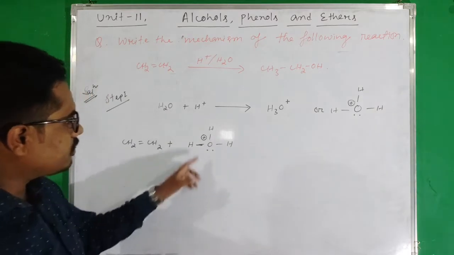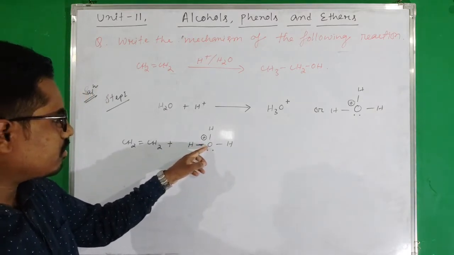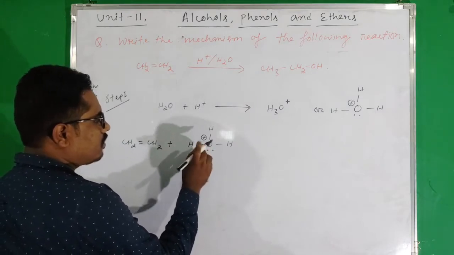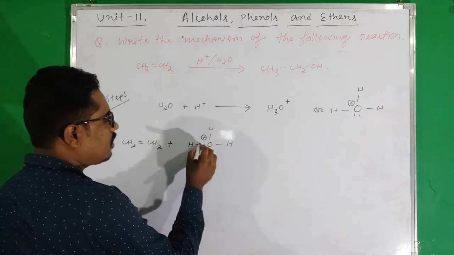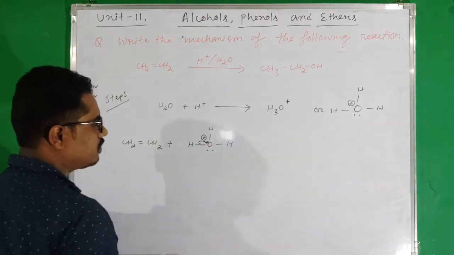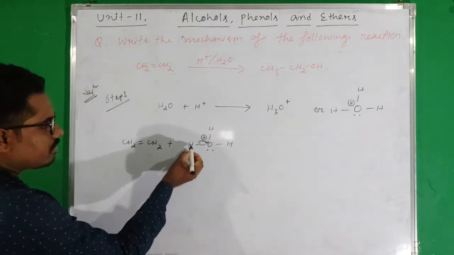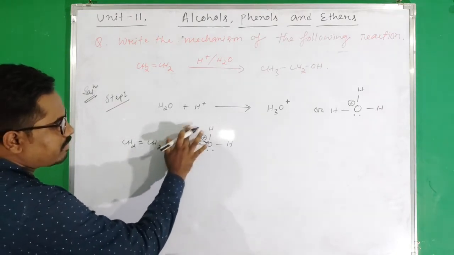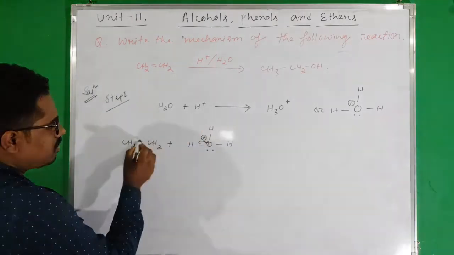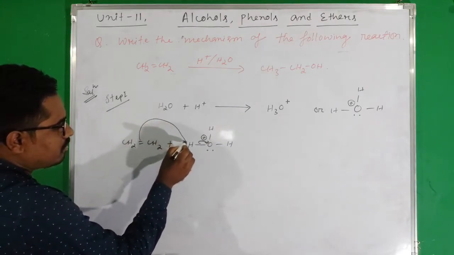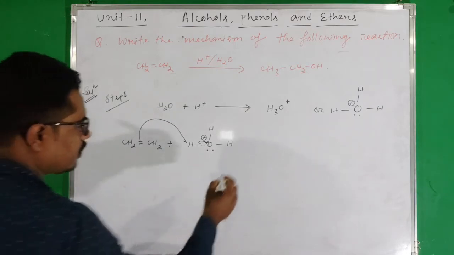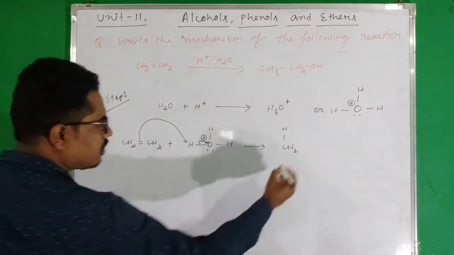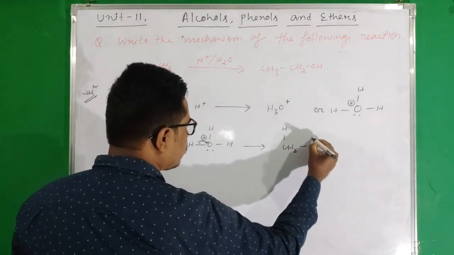So we have seen that one positive charge is present on this oxygen atom, and due to the presence of the positive charge, the electrons of this bond will be attracted by this oxygen atom, resulting in an H positive ion, and this H positive ion will get the electrons of this pi bond, to form CH2H single bond CH2 positive.